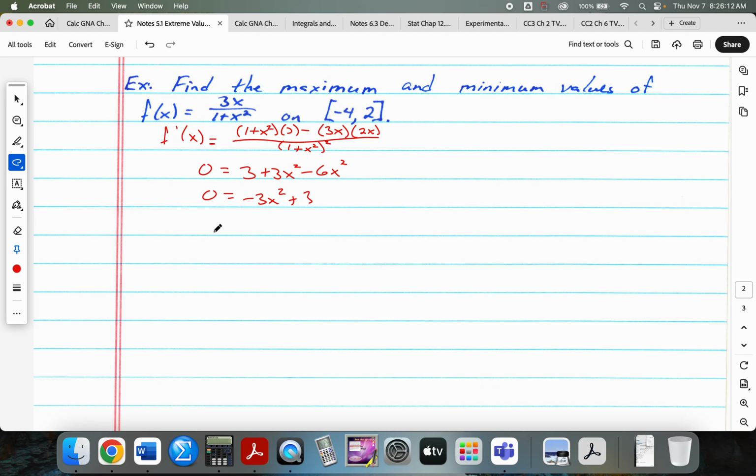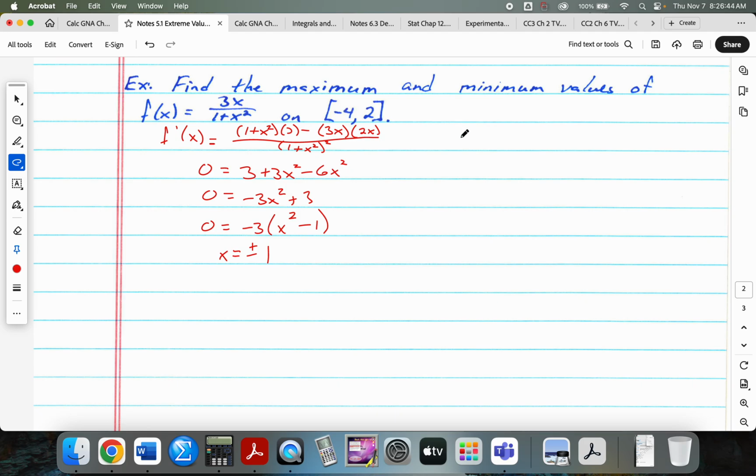I'm going to factor out a negative 3 so that I get a positive coefficient on my x squared term. You can either factor this or think about it for a second. x has got to be what? Yeah, positive or negative 1. So I have 4 candidates this time.